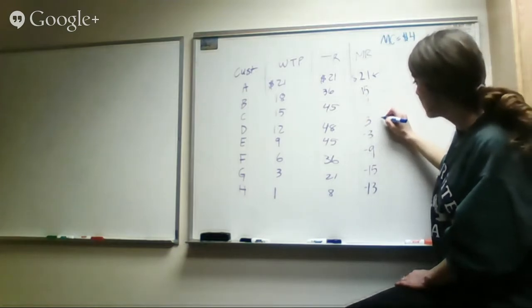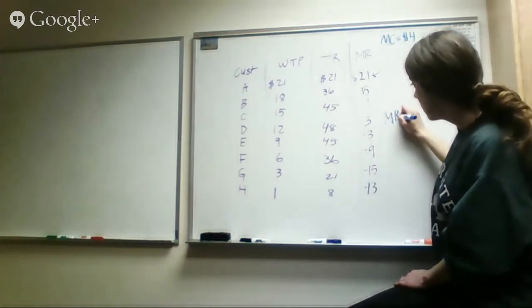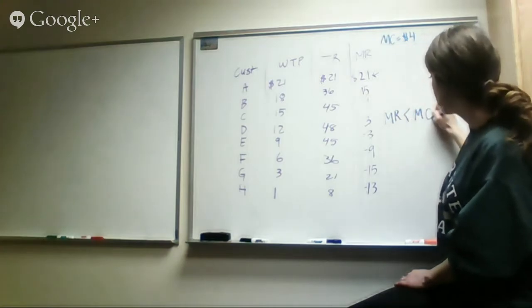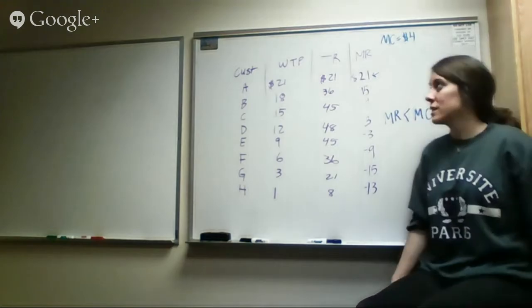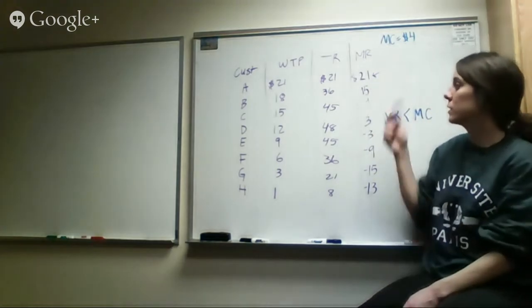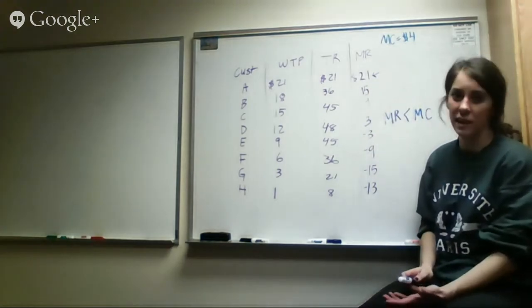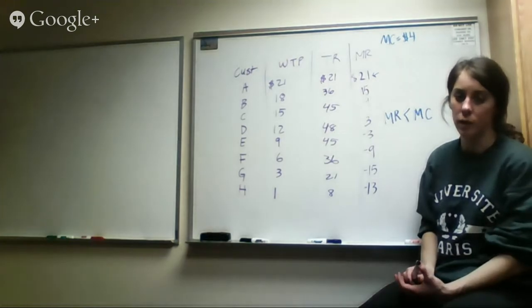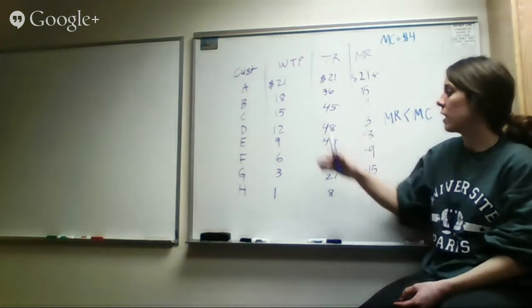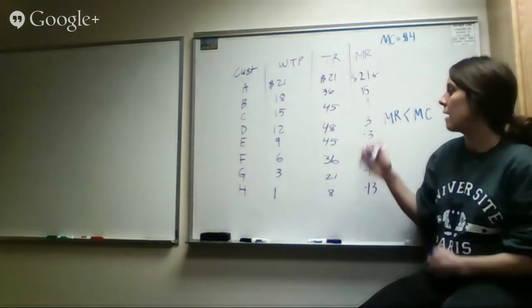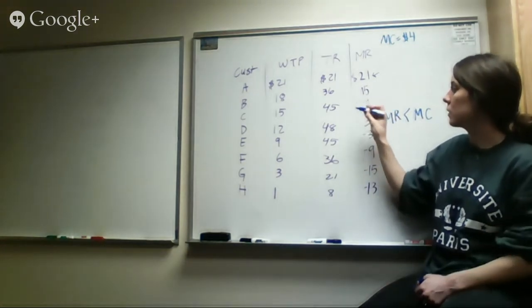So here's where his marginal revenue is less than his marginal cost. He doesn't want to sell to that person because it costs him $4 to make the burrito, and he's only making an additional $3 on that one additional burrito. So it wouldn't be a profit maximizing decision to keep selling after this person here.